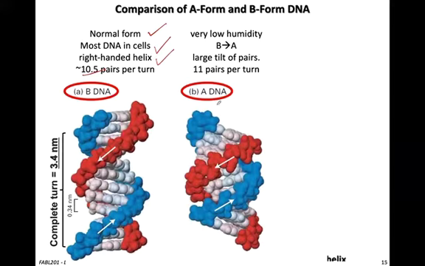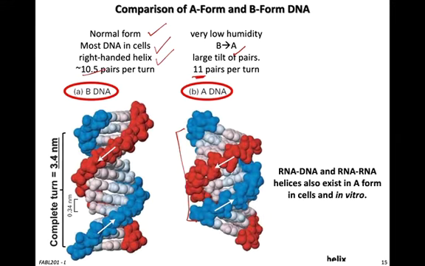There is another form that exists in rare conditions, like a low amount of humidity. It's called the A form. In that case, with a low amount of water content or humidity, the B form is transformed to this form, which is called the A form. In this A form, the difference is that the pairs are a little bit tilted, and one turn consists of 11 base pairs per turn.